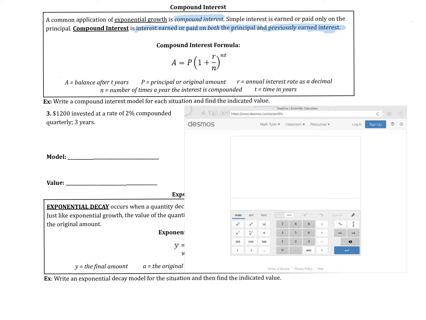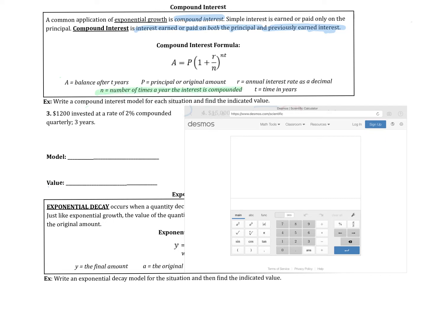So N basically is saying at certain points in time, we stop and recalculate the amount that's in the account so that you can earn interest off of the new amount in the account. So N is actually the number of times in a year that we are compounding that interest.